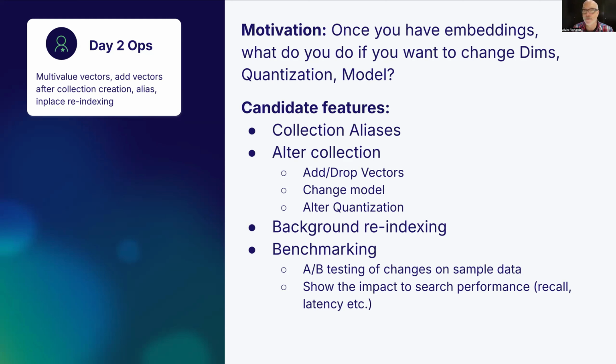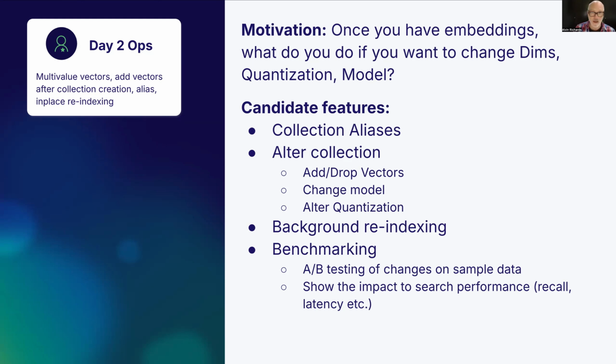So day two operations is a big focus. It's the least exciting thing, but we believe it's a core focus to allow the vector data to continue to be useful over a long period of time.